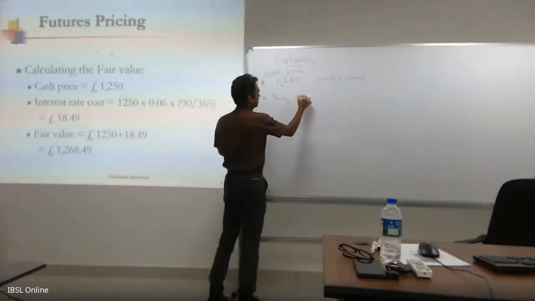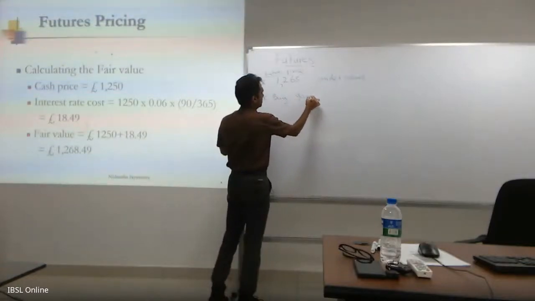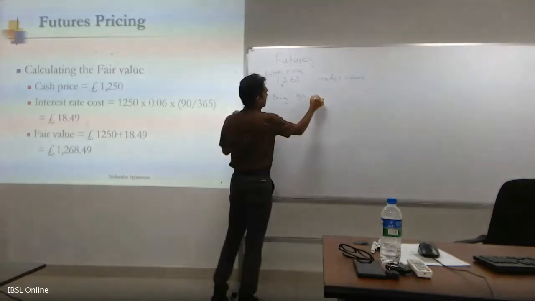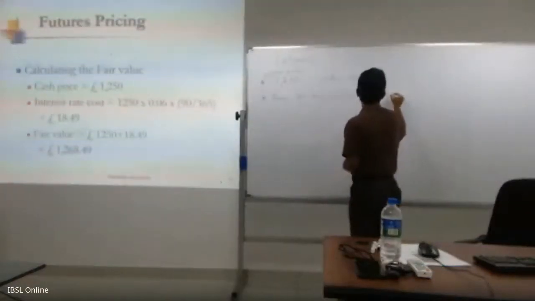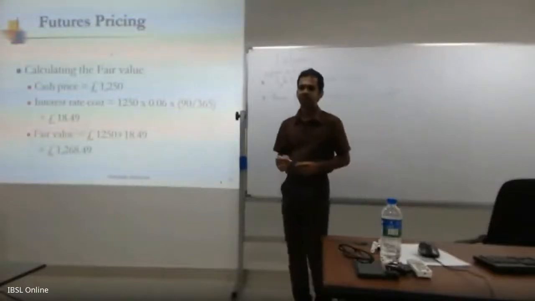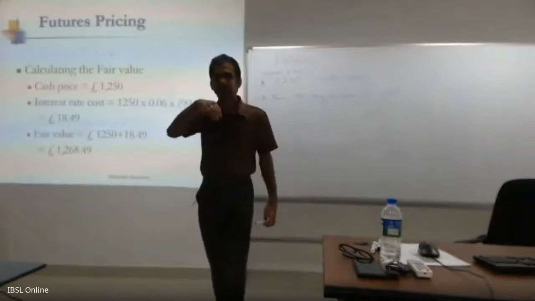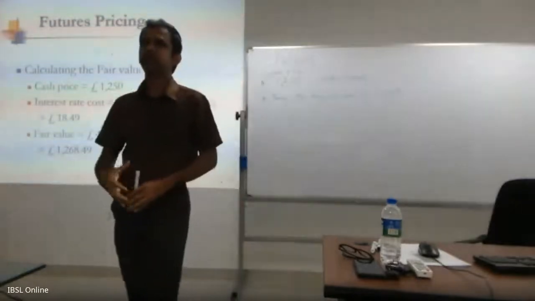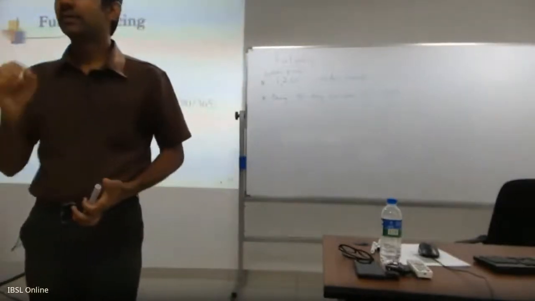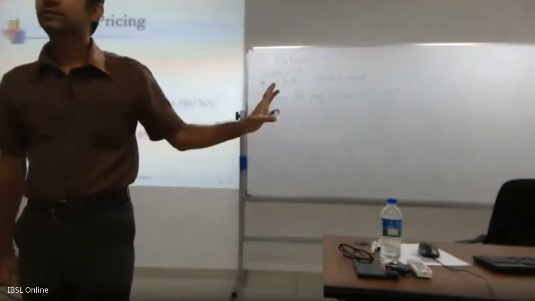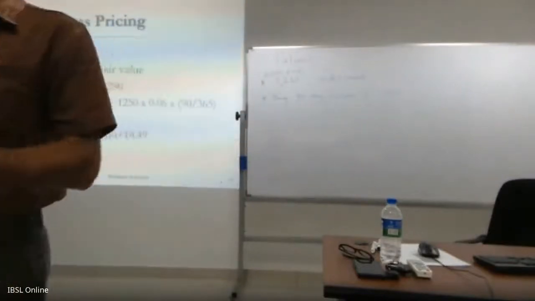Buy a 90-day future at 1,265. That means you have the right and obligation to buy this asset in 90 days time at a price of 1,265. Then what do you want to do?